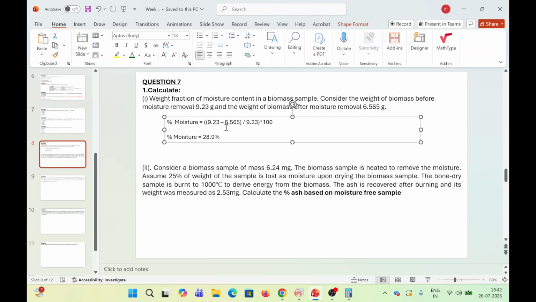So I hope all of you are able to understand. Any confusions here? So for this question, the answer is 28.9 percentage.